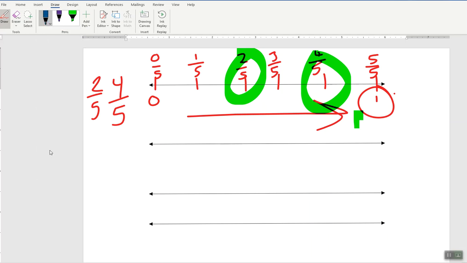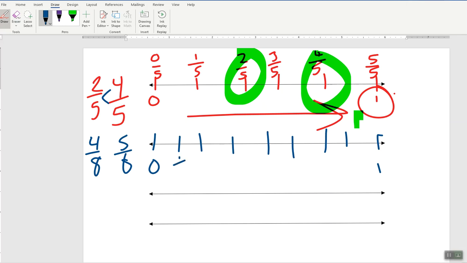All right, let's do another one just for example purposes. Let's do 4/8 or 5/8. Sorry, we should put the greater than symbol there. So if we go from 0 to 1, we divide it into eighths.